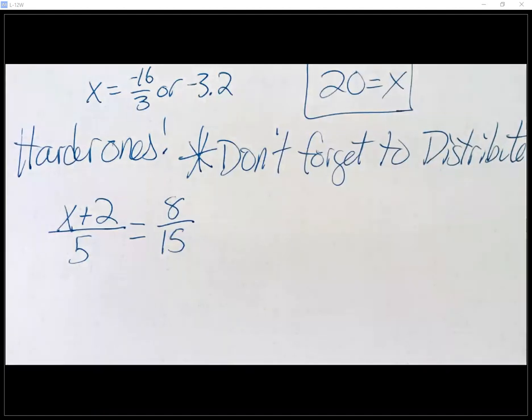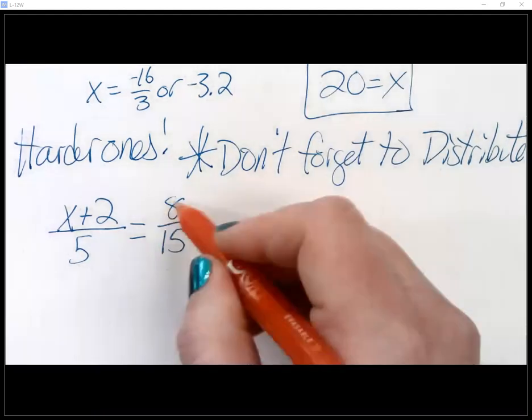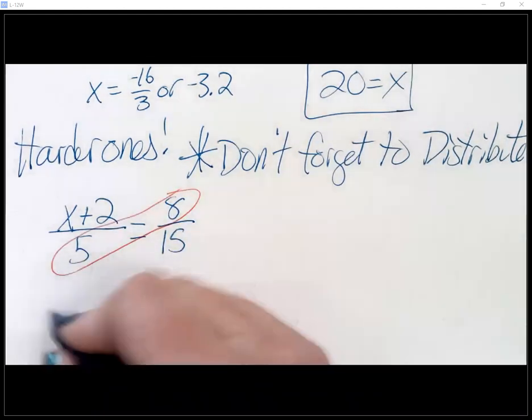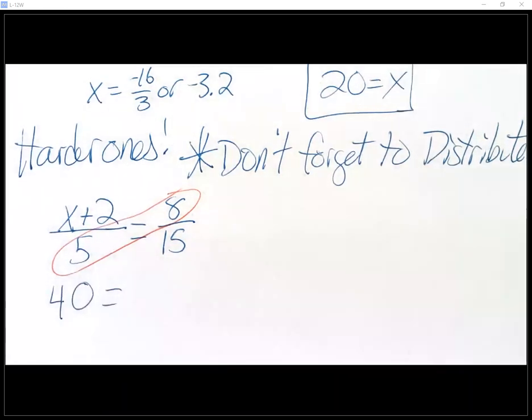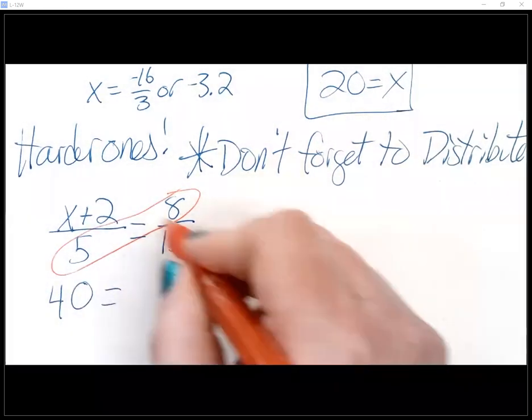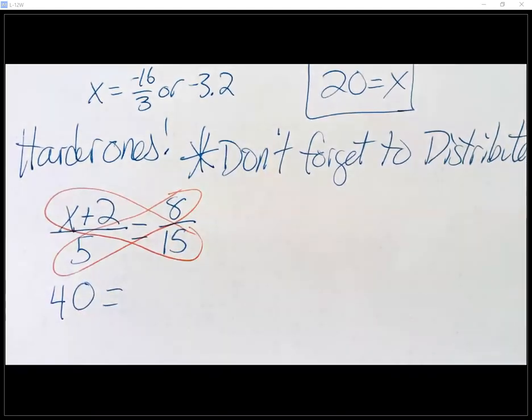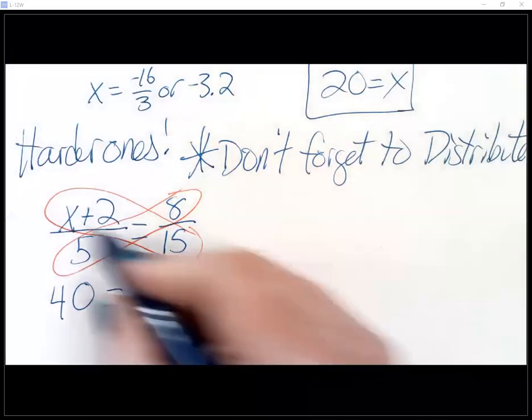The process is still the same. I'm still going to multiply the diagonals, but something weird happens, right? When I multiply these diagonals, okay, cool, that's 40. That's no big deal. But when you multiply these diagonals, this is a really big deal. So everybody watch. You have to do 15 times this whole thing.